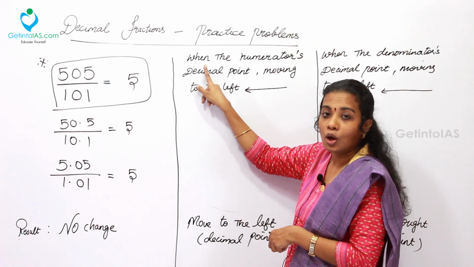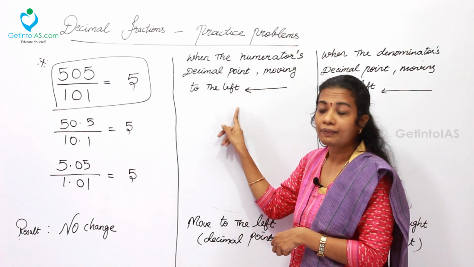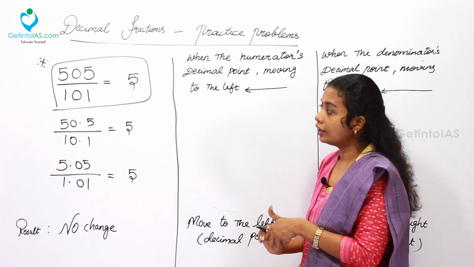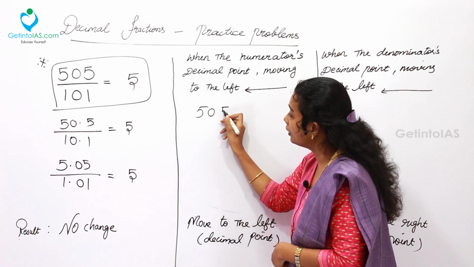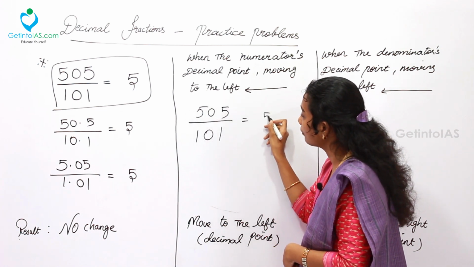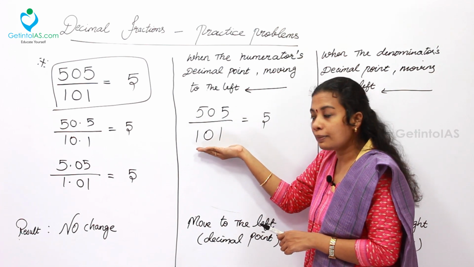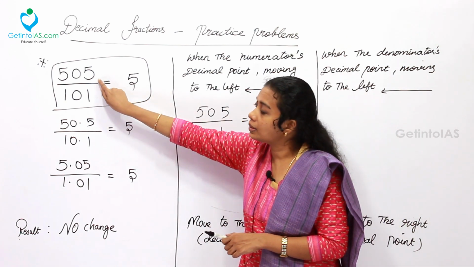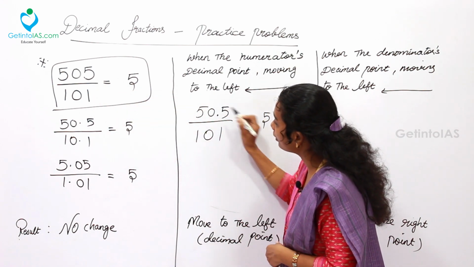The next thing is, when the numerator's decimal point moves to the left, what will happen? This is the first basic concept, 505 divided by 101, which is 5, right? Now, without affecting the denominator, I am going to move the decimal point, which is already after 5, to before 5.